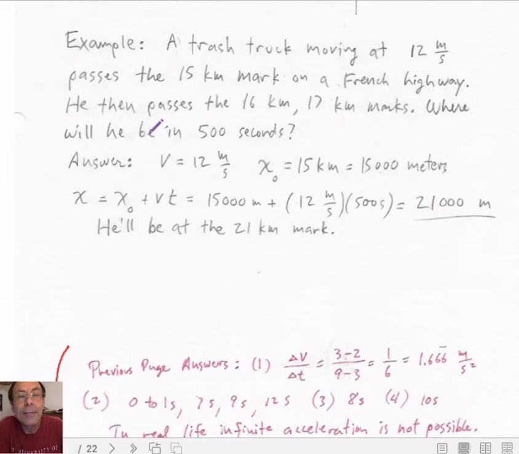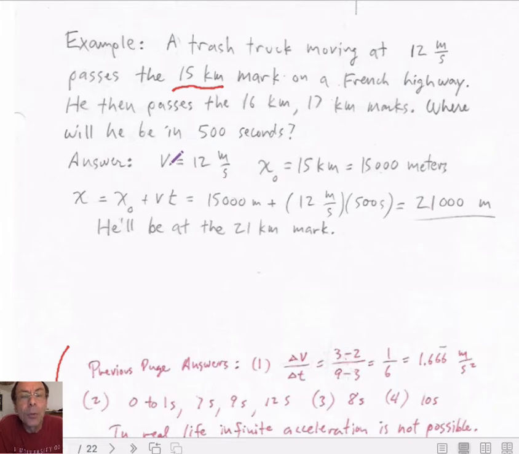Where will it be in 500 seconds? Actually, I gave you more information than you really need. You didn't need to know the 16 and then the 17; that is not very useful information. But you do need to know the 15 kilometers.